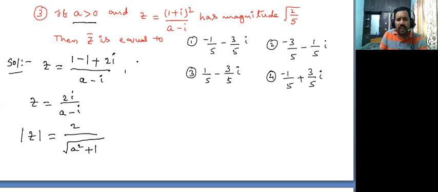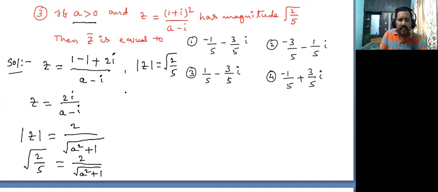And in the question it is already given, mod Z value is root 2 by 5. Here substitute that: root 2 by 5 is equal to 2 divided by root of (a square plus 1).